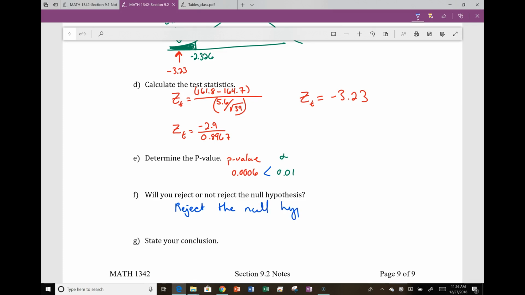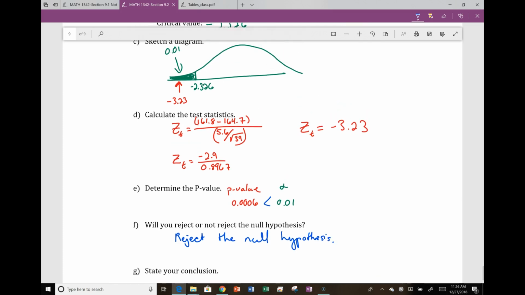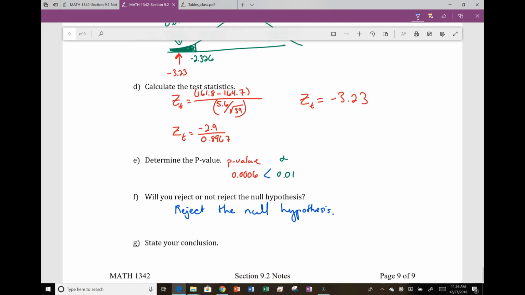And you will notice that whether I use the critical value method, it is in the shaded region, so we do reject, or the p-value method, they both tell me to reject the null hypothesis.